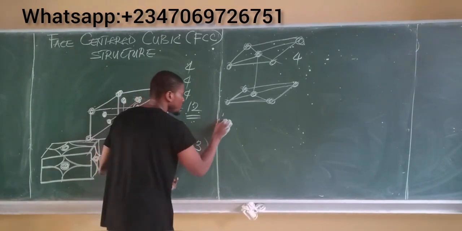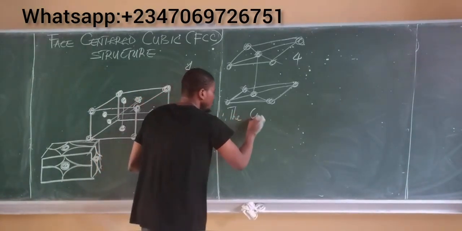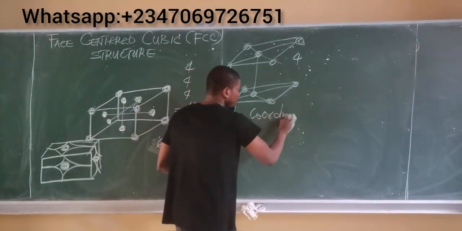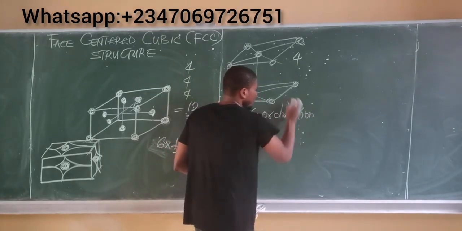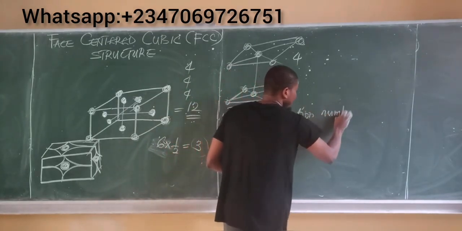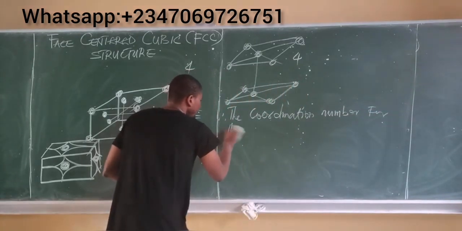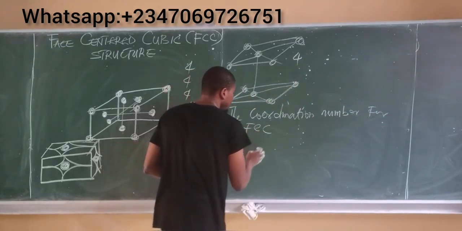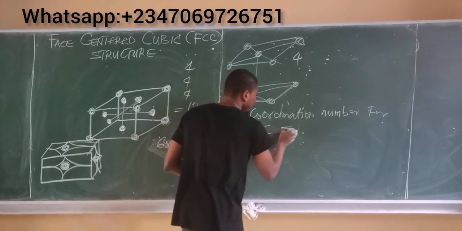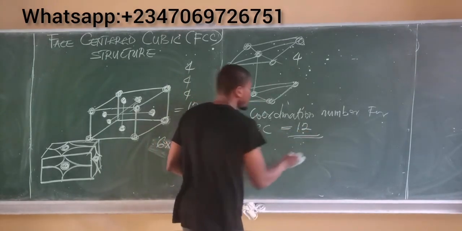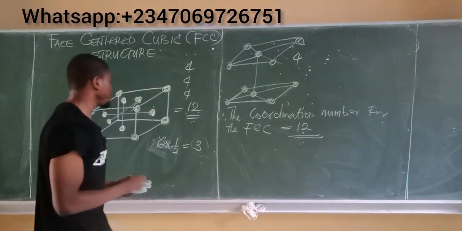Therefore, the coordination number for the face-centered cubic structure, which is FCC, is simply equal to 12. So we have its coordination number to be 12.